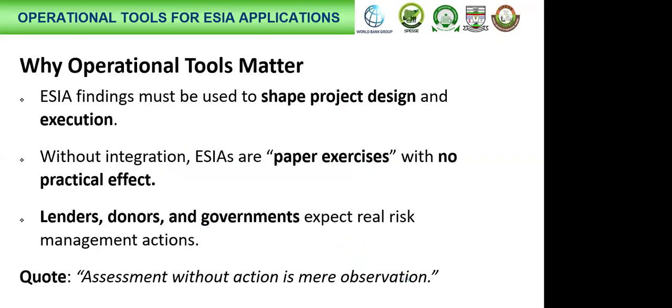So there are some tools that can be used to operate the environmental and social impact assessments. But the question is, why do the tools matter? It's important because once you have the environmental and social impact assessment and you have the findings on paper, you can use the findings to shape project design and execution, exactly what I said earlier about the assessment cycle.